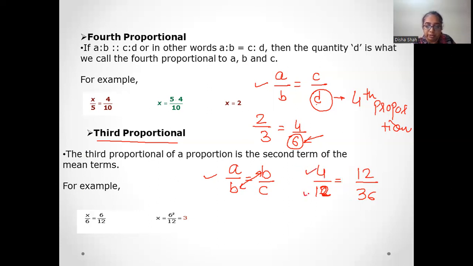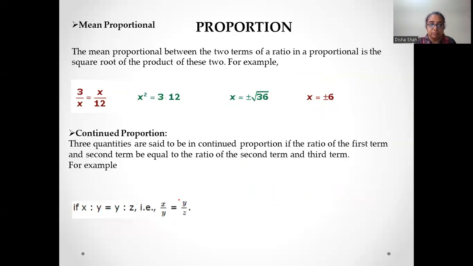So 4 is one term, one is 12 and one is 36. These two are common. So this B is called the mean term. What will you call B? Mean term. B is the mean term. As you can see, this is mean proportion, wherein X is common, X in both places.